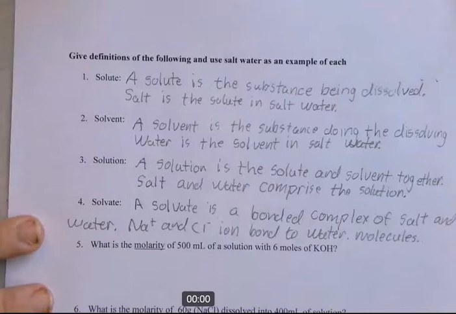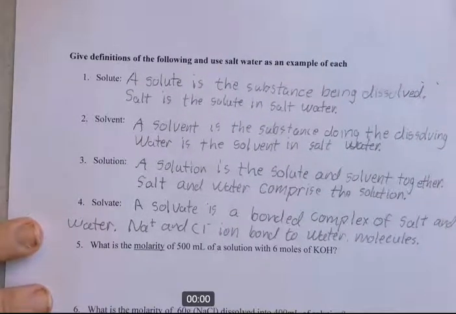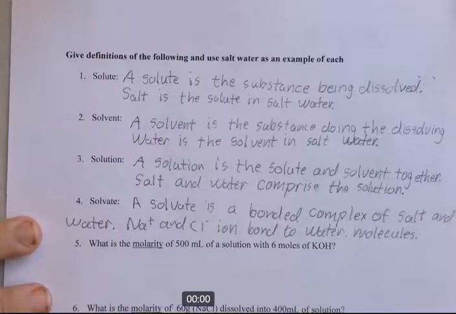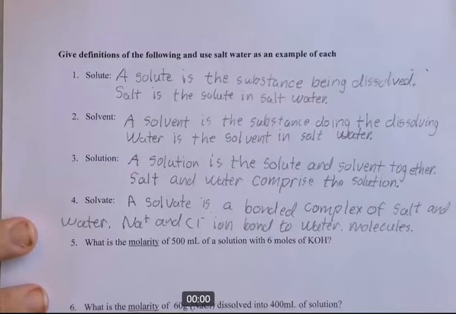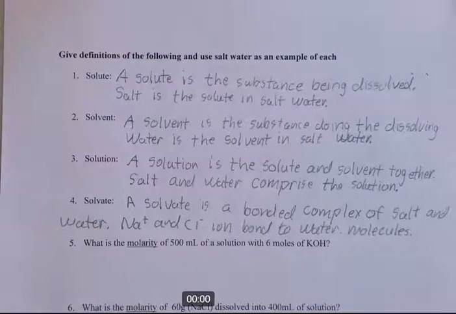A solvate is a bonded complex of salt and water. So sodium cations and chloride anions bond to water molecules. Remember, they do that through ion-dipole interactions. So that would be a solvate.